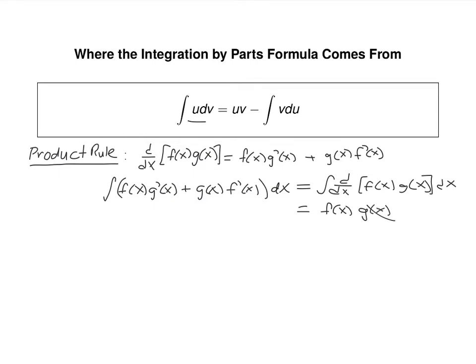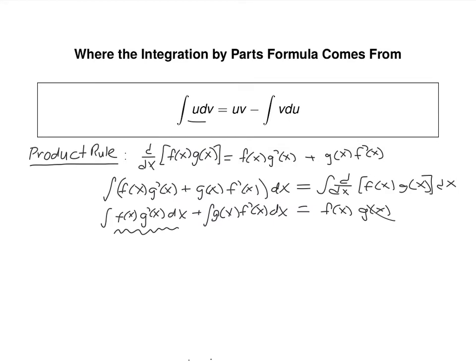On the left, we're going to break this into two integrals. We have the integral of f of x g prime of x dx plus the antiderivative of g of x f prime of x dx. And now we're going to isolate this integral, so we move the second integral onto the right-hand side of our equal sign by taking it away.